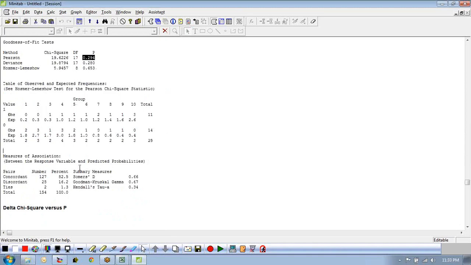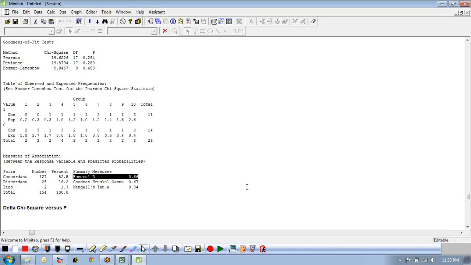I'm going to go down to here, and even though this doesn't look like an R squared, this is a semi-equivalent of an R squared. All of these are, but Somers' D is the one that I usually use. Somers' D is a number between 0 and 1. The closer it is to 1, the more adequate the model is, and the better for prediction it can be.